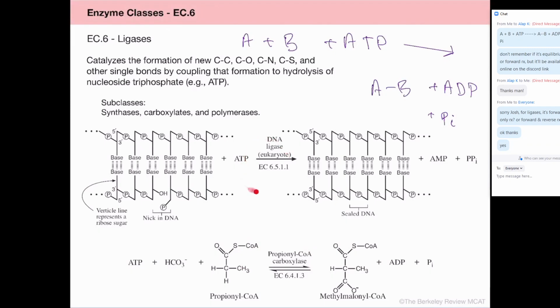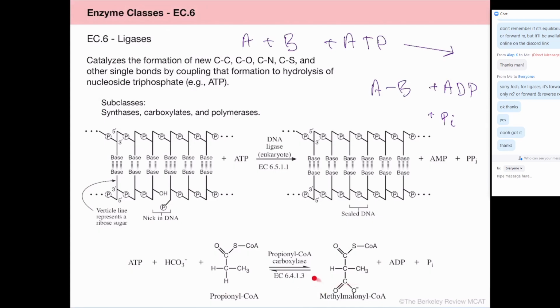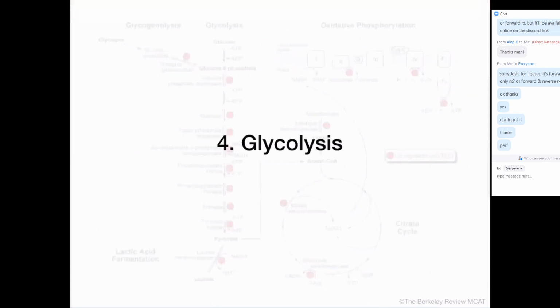This burns ATP, and so this is most likely not going to go this way. However, this species that you create is also probably pretty unstable, and it could probably go back just as equally as it was to go forward. So you burned an ATP, but you could actually recapture that ATP going the other way, probably pretty easily. Right, so it depends. And actually, there'll be an example of that in glycolysis. Okay.